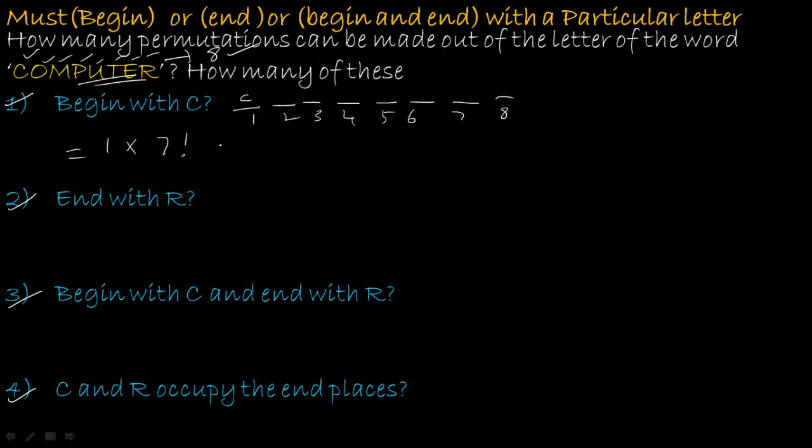Am I right? So the total number of permutations which begin with C is 1 product 7 factorial, that is 7 factorial, which equals 5040 ways.